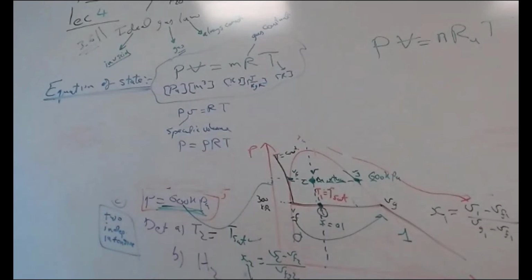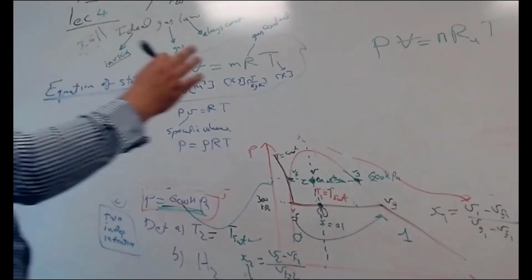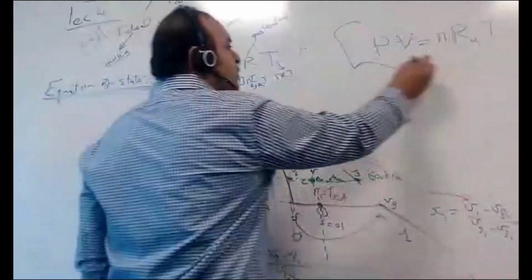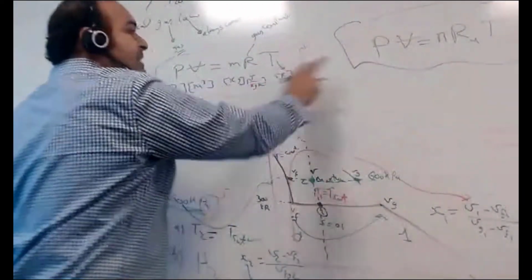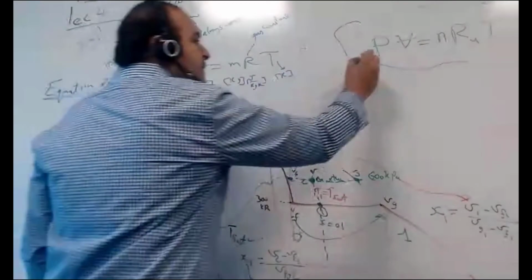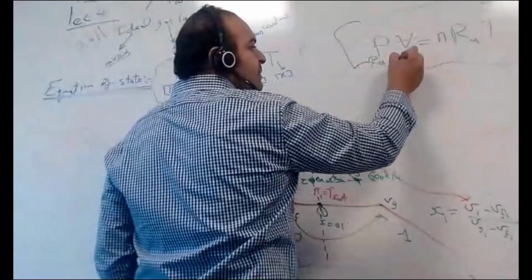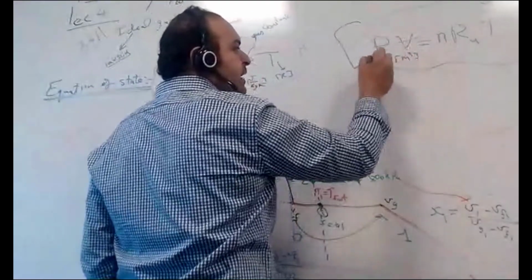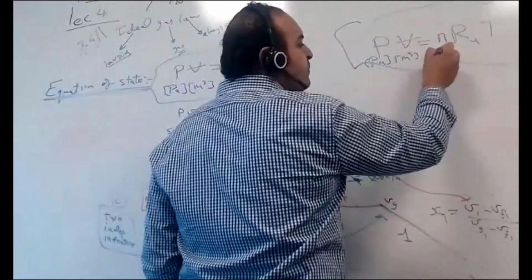You have seen this equation from high school, correct? The same equation in universal form. This is called universal form. This is exactly the same as this. But here, pressure in Pascal, volume in meter cubed, and n is the number of moles.